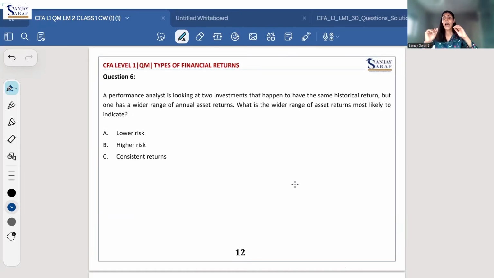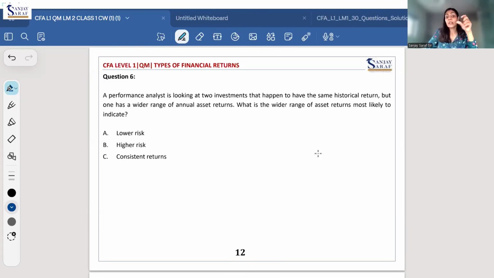Range is highest return minus lowest return. तो पूरे history के लिए what was the highest annual return minus what was the lowest annual return. That is the range, right? High minus low. तो दो investments हैं, उसका सेम हिस्टोरिकल रिटर्न है लेकिन एक का रेंज ज्यादा है, which means the difference between the highest and the lowest is greater.